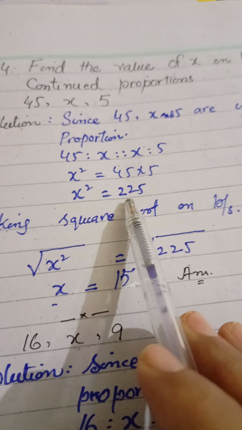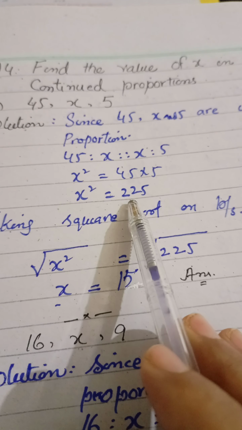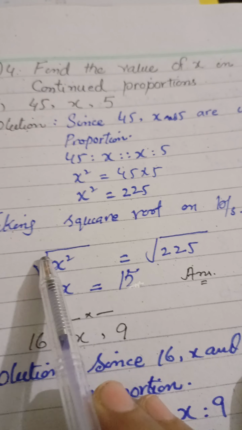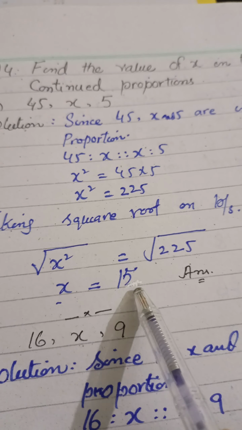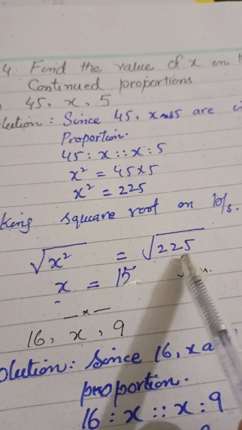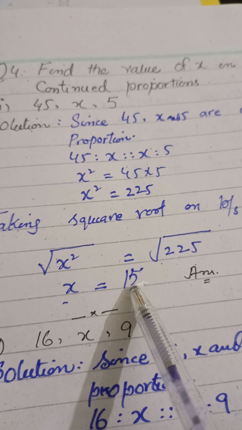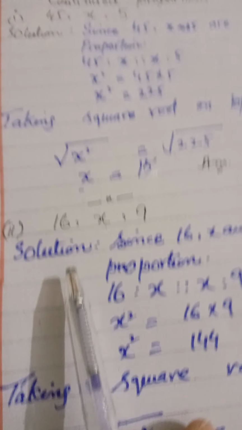225. Square root on both sides, squares cancel with roots. This is x, and the square root of 225 is 15. Similarly, solve this question.